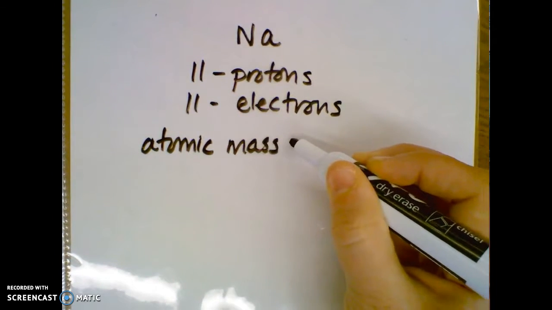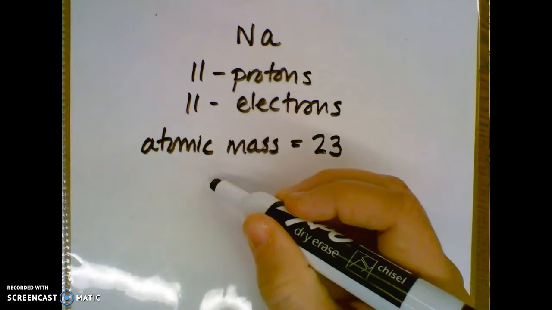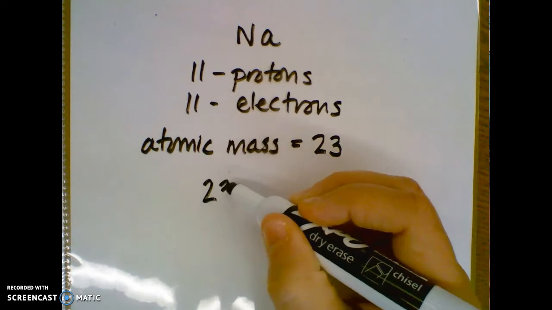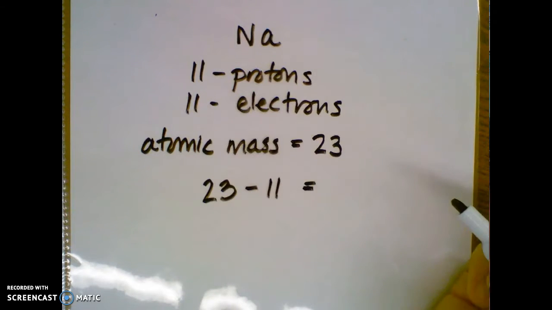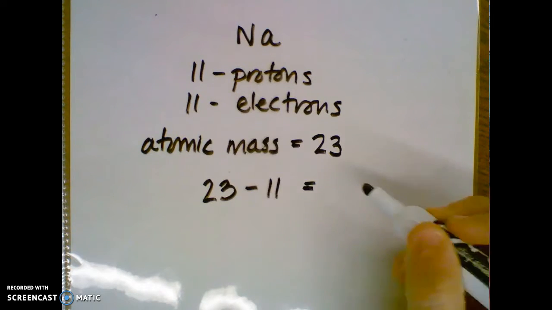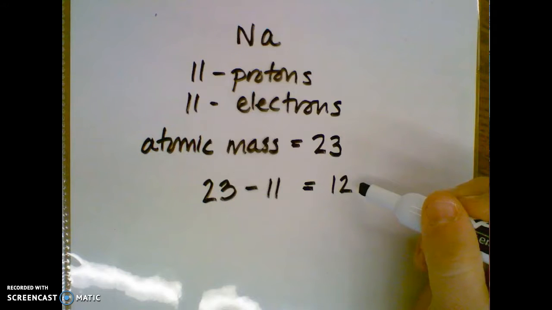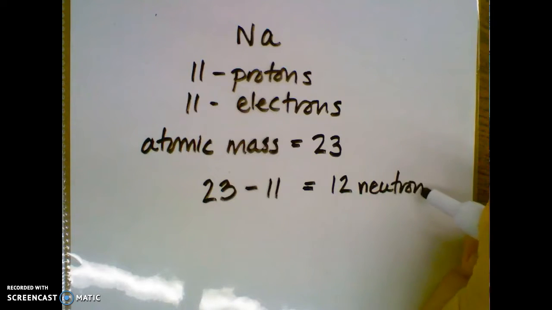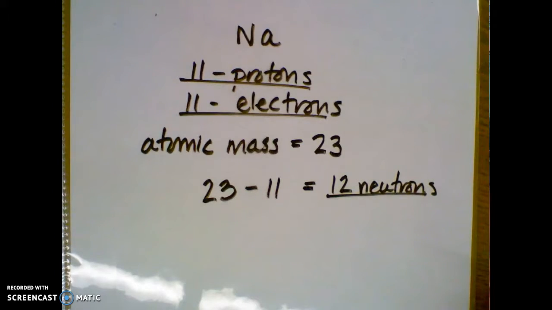If the atomic mass is about 23, if we round up, then that means if we take that 23 and we subtract 11, we're going to get the number of neutrons, because we have protons, we have electrons, so we have 12 neutrons. And that is the number of neutrons in the average sodium atom. 11 protons, 11 electrons, 12 neutrons.